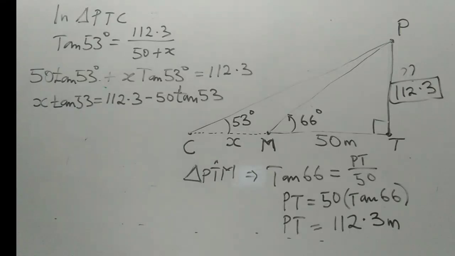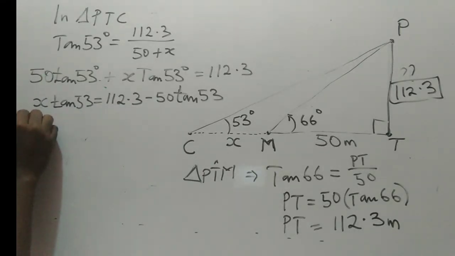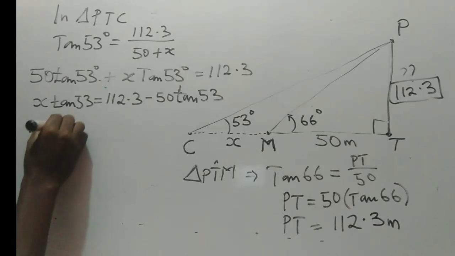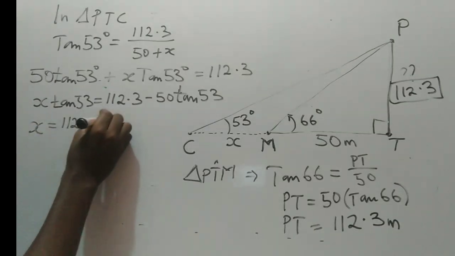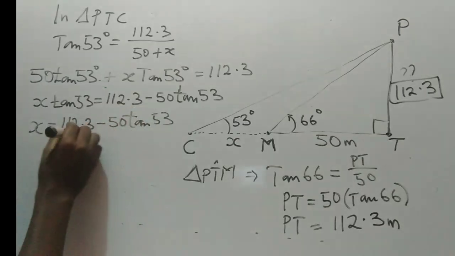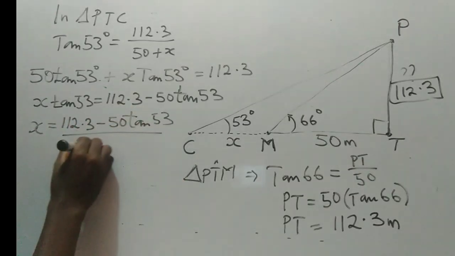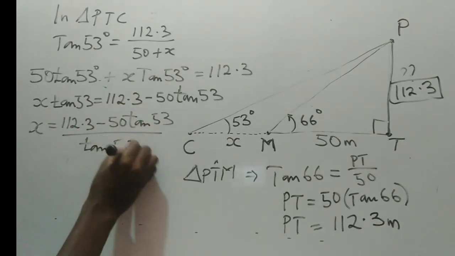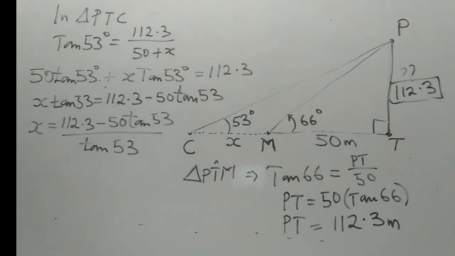And then I'm going to get that my x is equal to 112.3 minus 50 tan 53, all over tan 53.